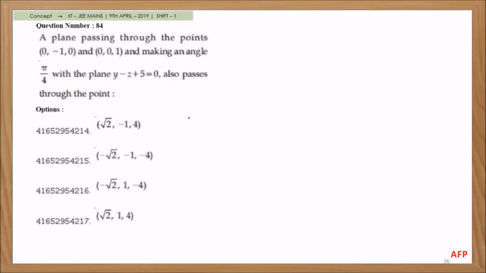So here we will use intercept form. Intercept form says that x by a plus y by b plus z by c is equal to 1. So here it is the y-intercept, here it is the z-intercept. So this implies x by a minus y plus z is equal to 1. This is the first equation we are having. Its direction ratios are 1 by a, minus 1, 1.